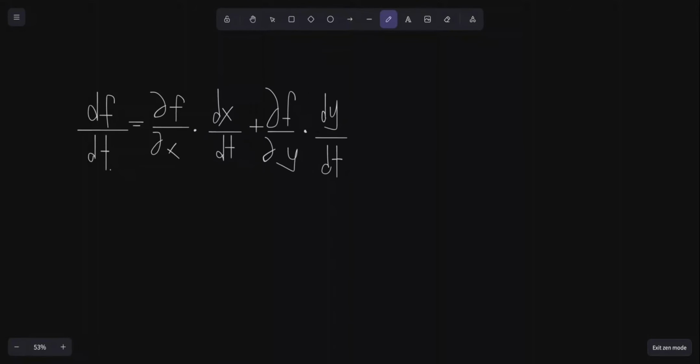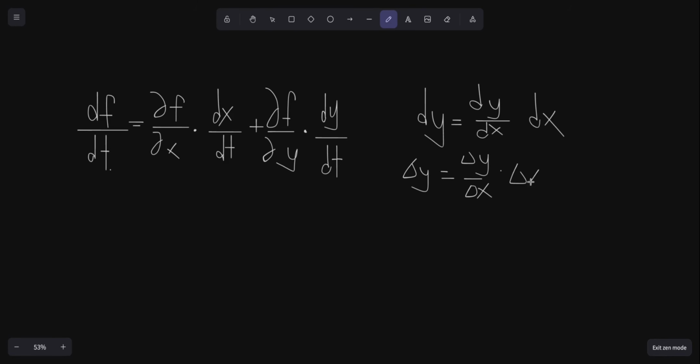In addition, we can also see the differential. So you might recall that dy is going to be equal to dy dx multiplied by dx. And this comes from the fact that delta y is equal to delta y over delta x multiplied by delta x.